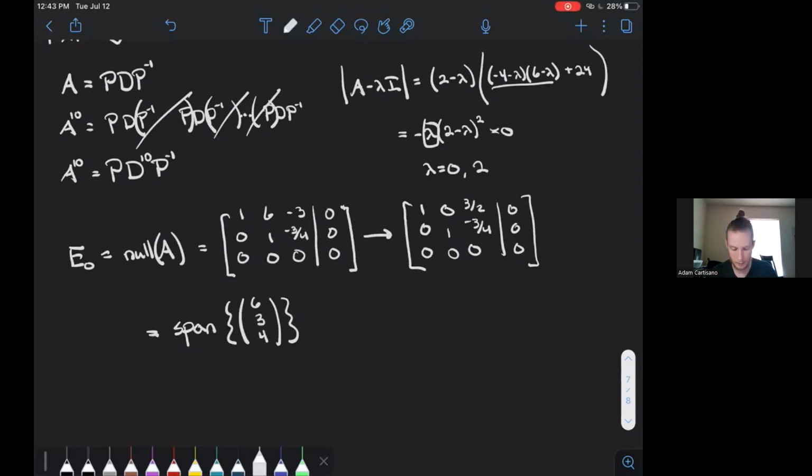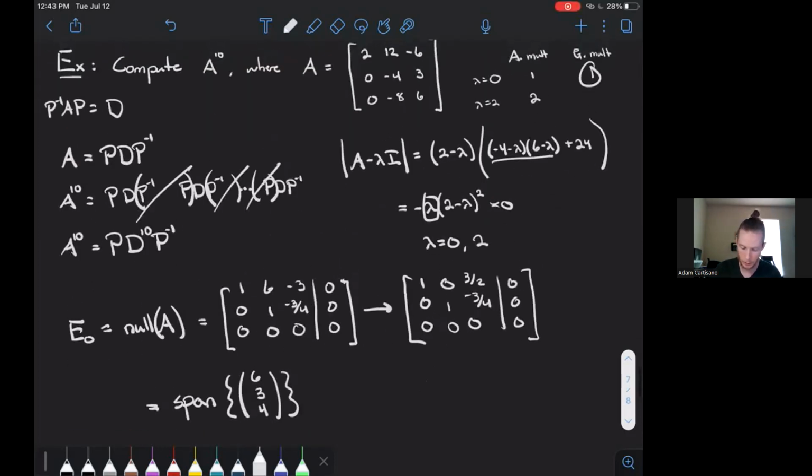And just for kicks, let's multiply that by our original matrix to make sure that we get the 0 vector. When you multiply 6, 3, 4 on the right of A, you get 12 plus -6. Because when you set x1 plus 3/2 x3 equal to 0, you get x1 equals -3/2.